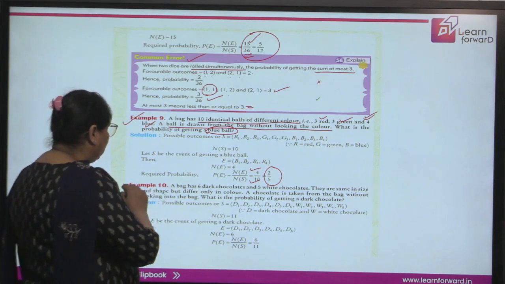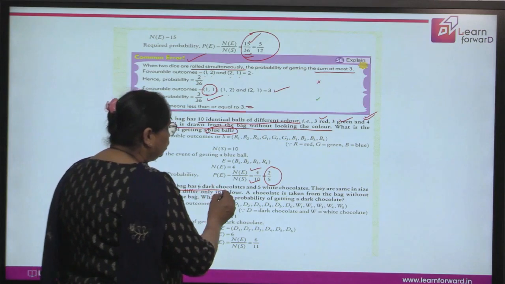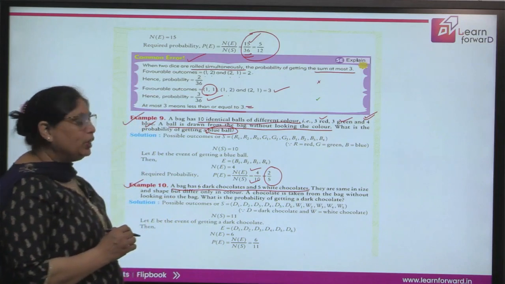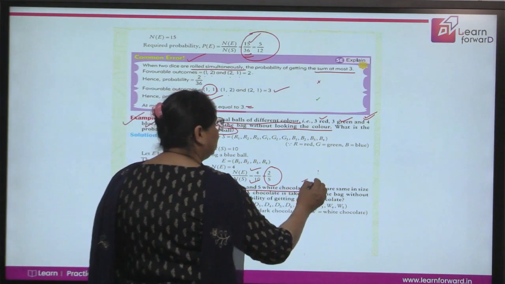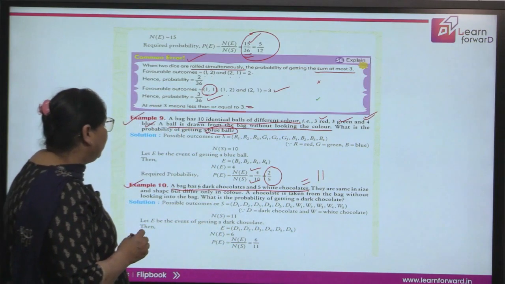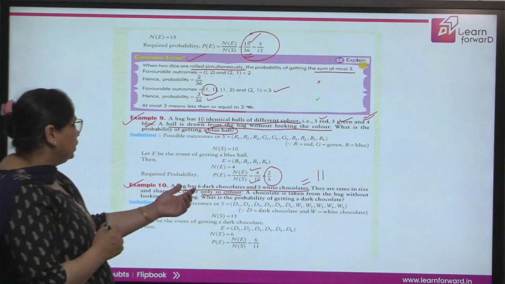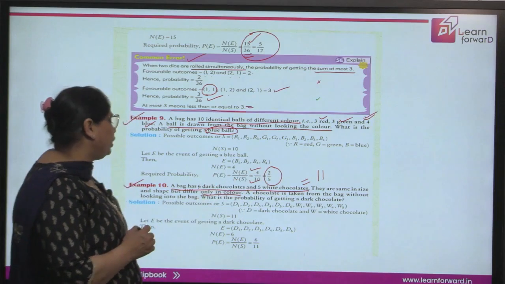Now the next example. A bag has 6 dark chocolates and 5 white chocolates. The total number of chocolates is 11. They are of the same size and shape but differ only in color, dark chocolate and white chocolate.